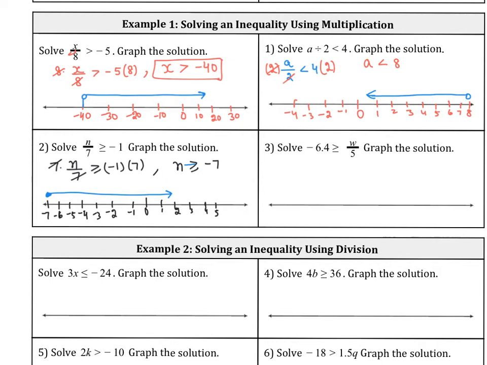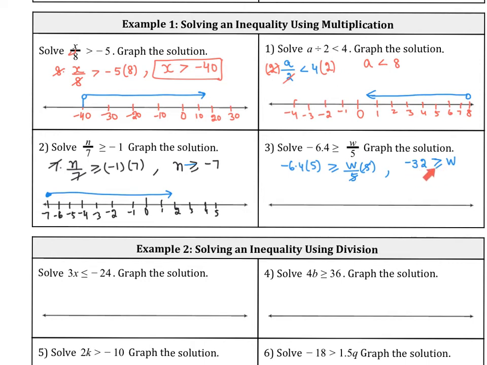For number 3, you're going to solve for w, so it means you're going to multiply both sides by 5 to remove the 5 from the bottom. And then, when you multiply, negative 6.4 times 5, that's negative 32. So negative 32 is greater than or equal to w.